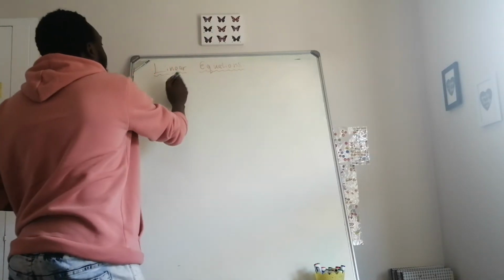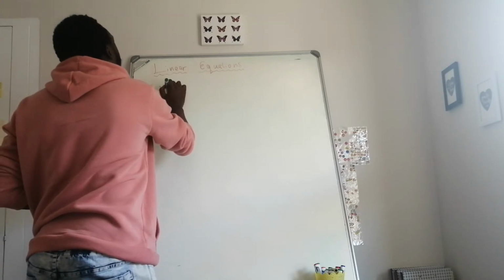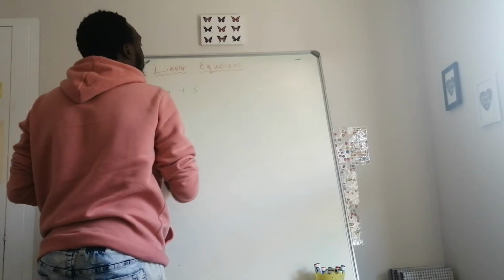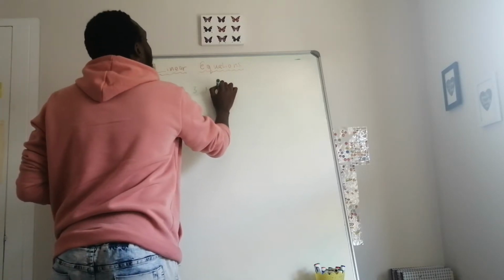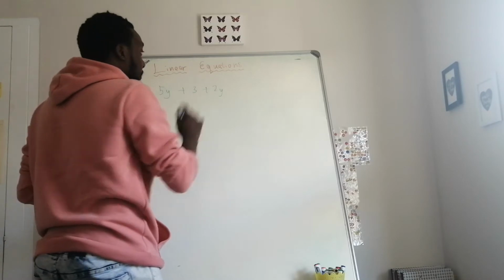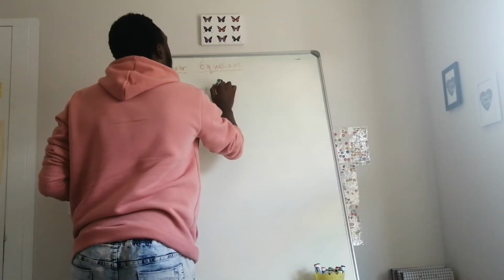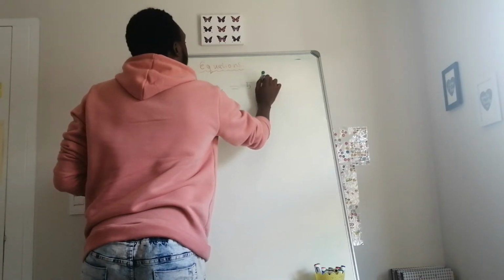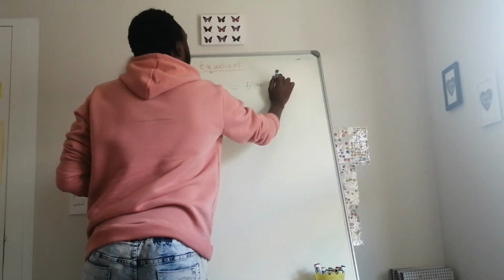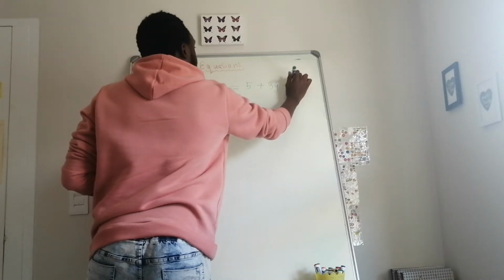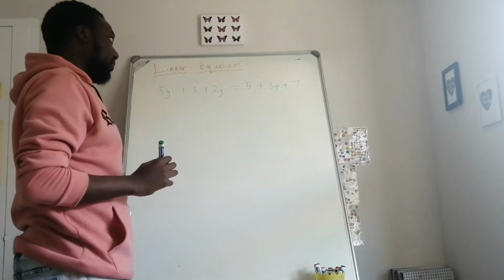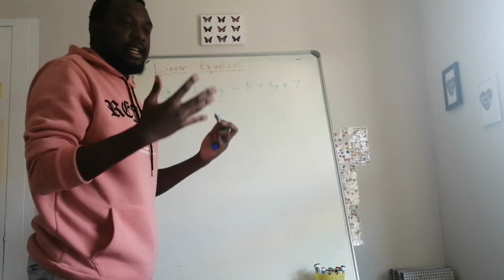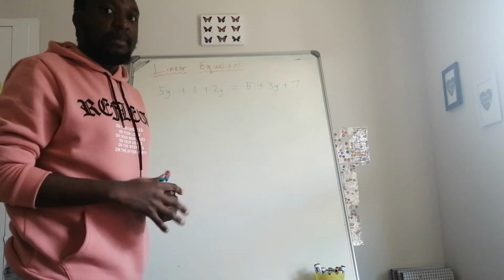Let's take 5y plus 3 plus 2y is equal to 5 plus 3y plus 7. It's a long question, but don't be scared. It's still the same concepts that we're going to be applying.